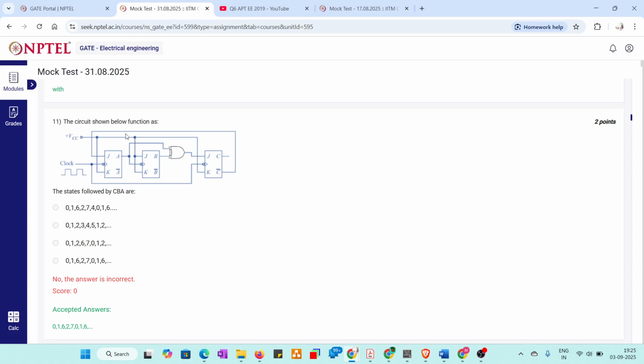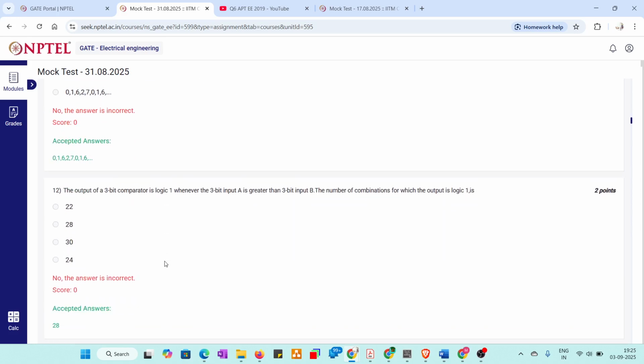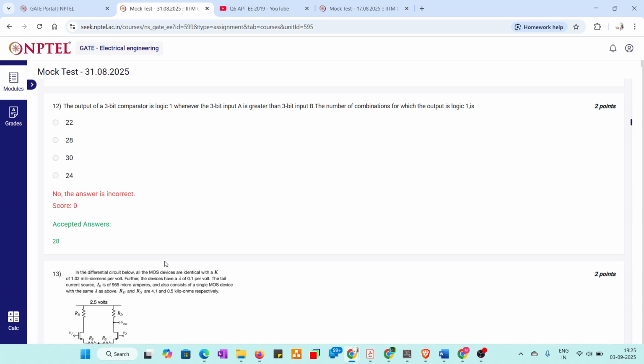Okay, next question comes to digital electronics. The circuit shown implements the function below. Okay, so we need to find out what the CBA is. So this is the answer we can see here. So next question, the output of the 3-bit comparator is logic 1 whenever the 3-bit input A is greater than the 3-bit input B, and the number of combinations for which the output is logic 1 is.